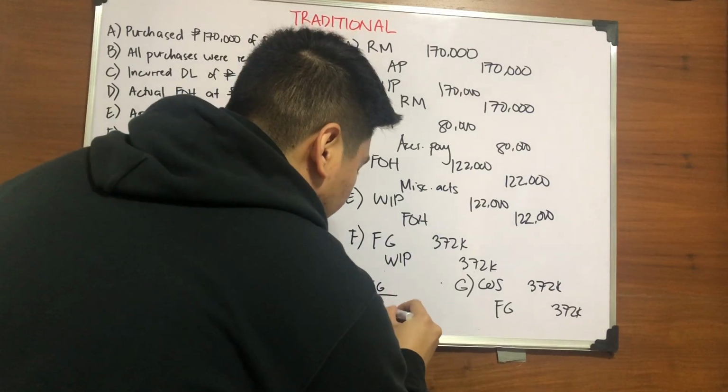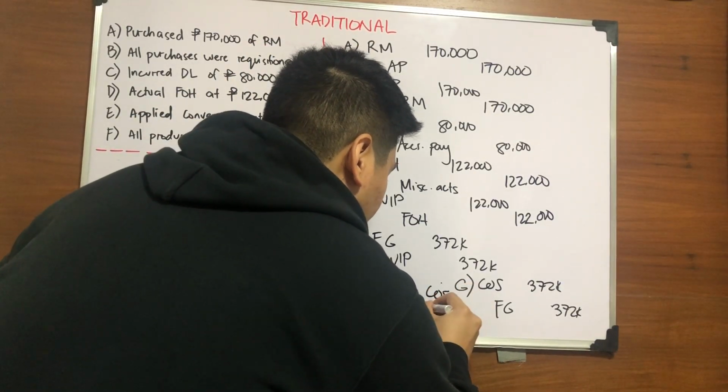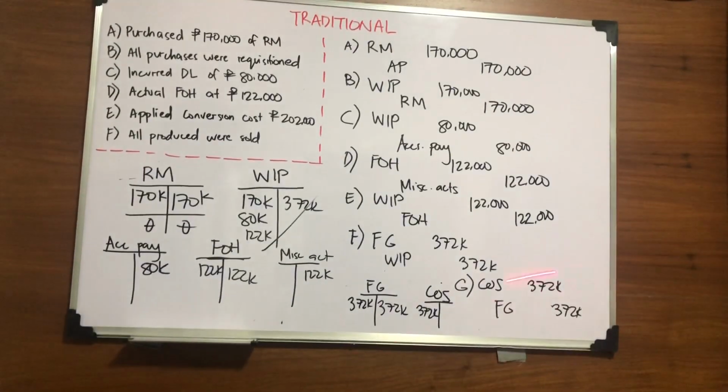So we close out 372K here, and we recognize COS of 372K. Okay. So this final figure, you will see in your income statement. This T account of COS, you will see in your income statement. And the rest, your raw materials, your WIP, your finished goods inventory, you will be able to see in your balance sheet.